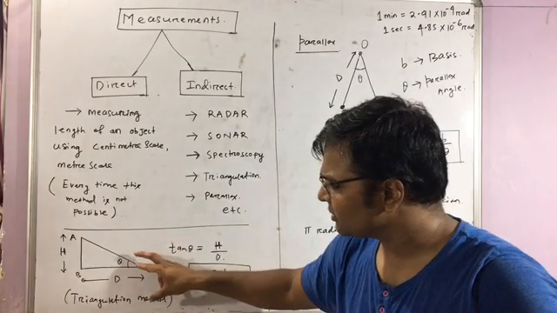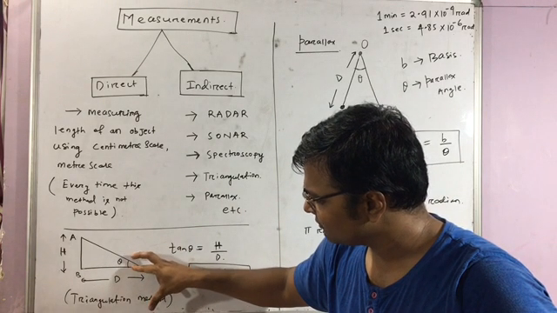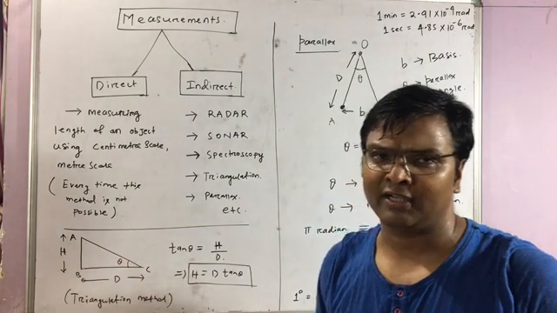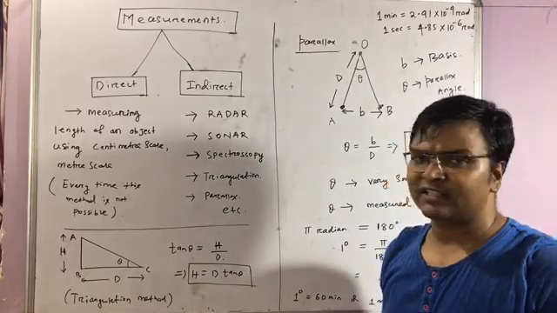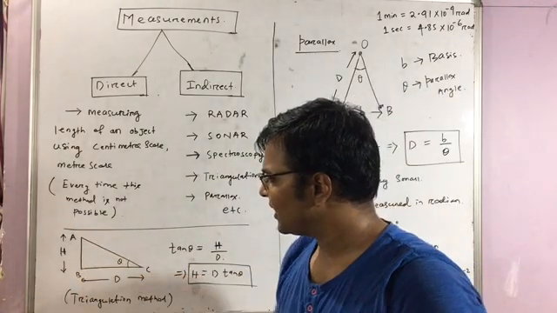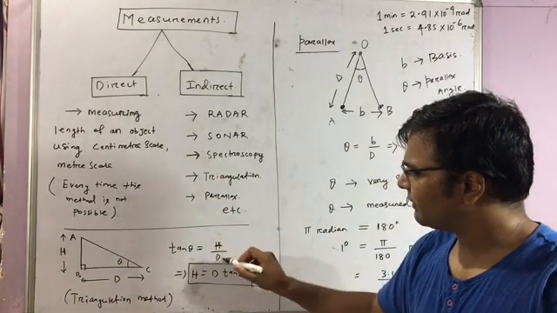By measuring with some instruments, with the help of a compass or something, you can measure the value of theta. If you can measure the value of theta, you can find out the height. How? It is a right angle triangle, because almost all the mountains are vertical. So this angle is 90 degrees, so it's a right angle triangle. And in that triangle you can find out the value of tan theta.